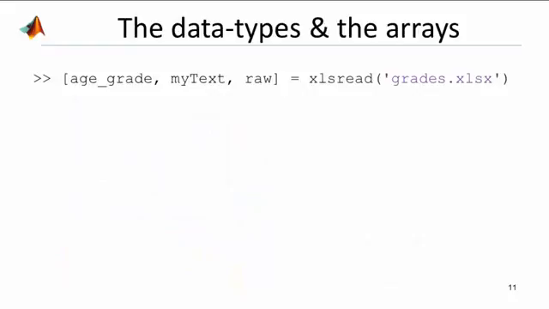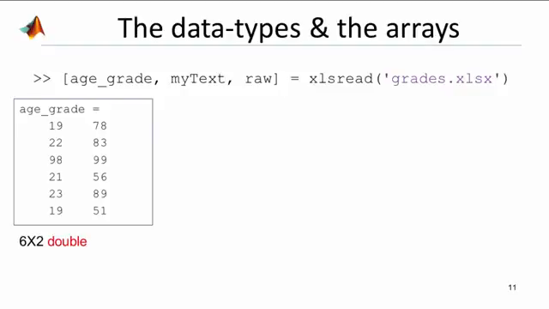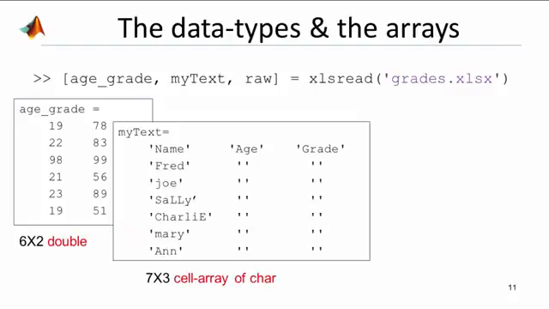The data types in each of the arrays are very specific. The first one, the first value returned, is numerical. So in this case, it's a 6x2 matrix of double. My text and raw are strings, which is why we had to introduce cell arrays. My text is a cell array of characters.